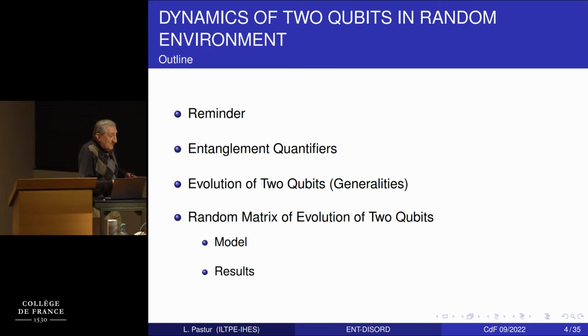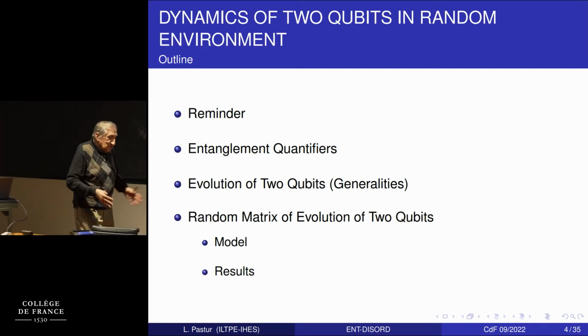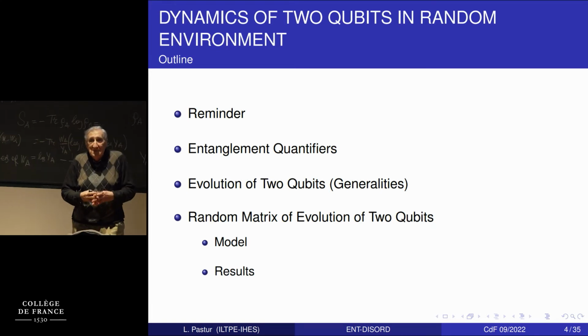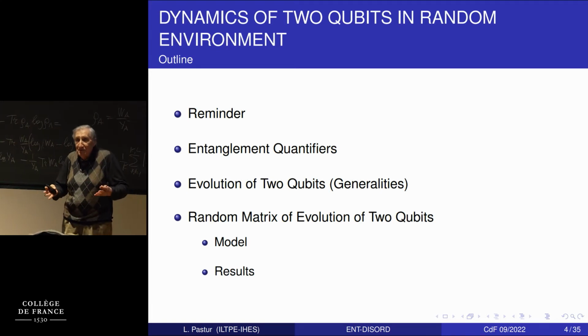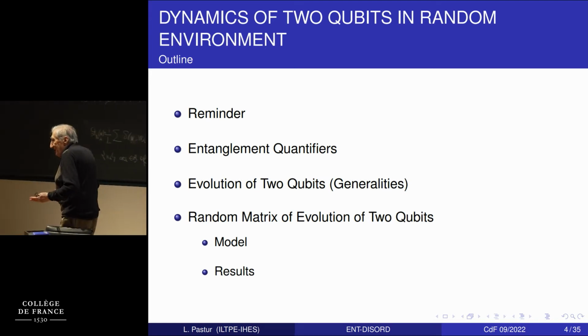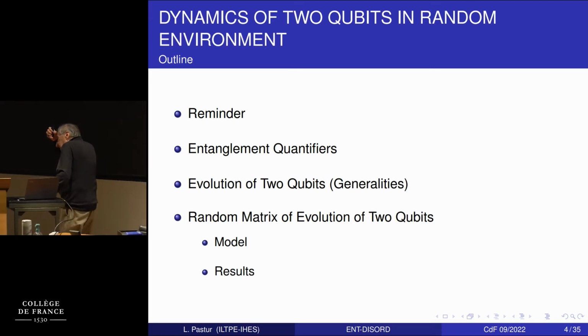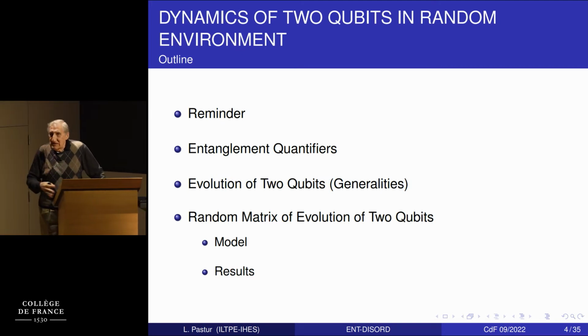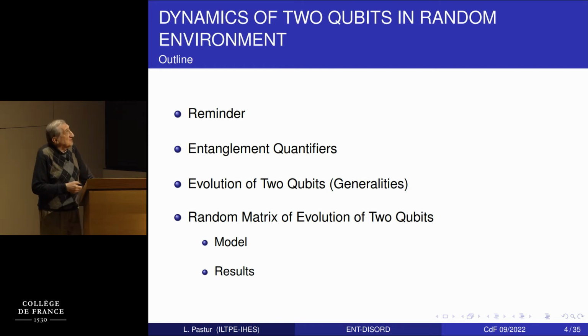We started from a short reminder of the basic facts of quantum mechanics, classical quantum mechanics I mean, until 1935. Then after 1935, when the paper of Einstein, Podolsky, Rosen, and Schrödinger appeared, came the second stage of quantum mechanics with a very serious addition.